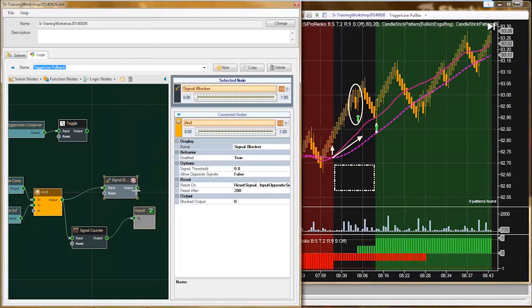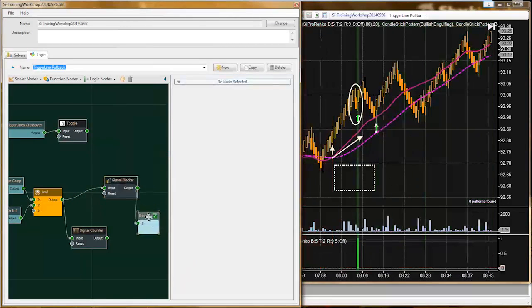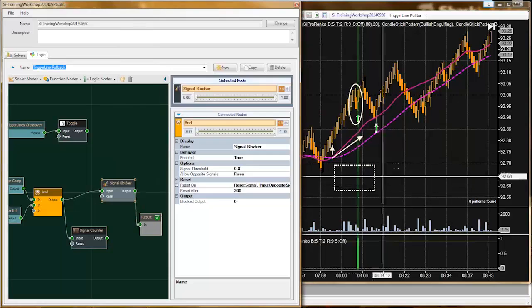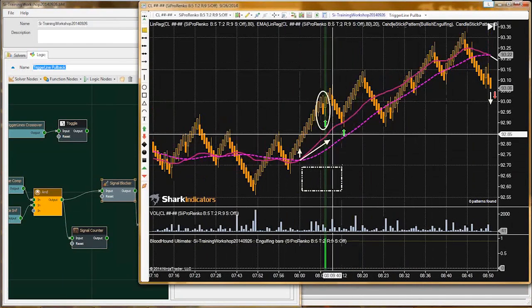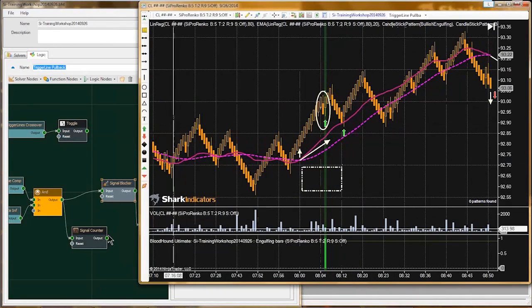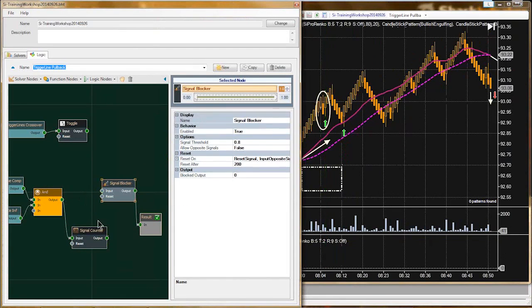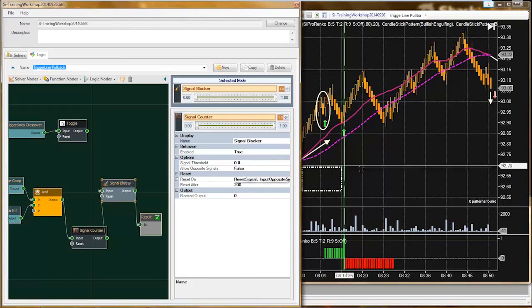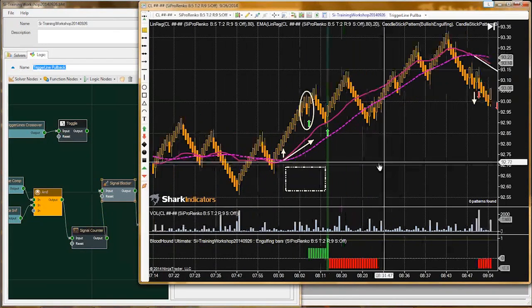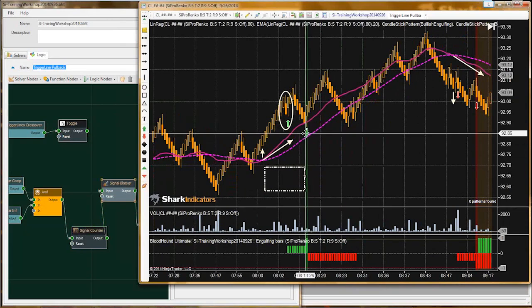If we look at our signal blocker, we're back to only seeing the first signal. Now, if I put the signal blocker in here, look, now we only see the second signal.